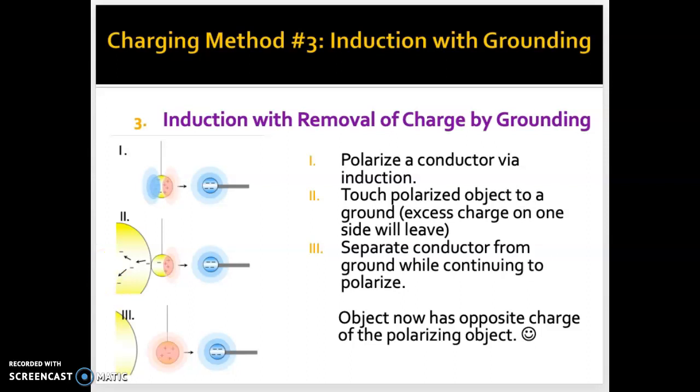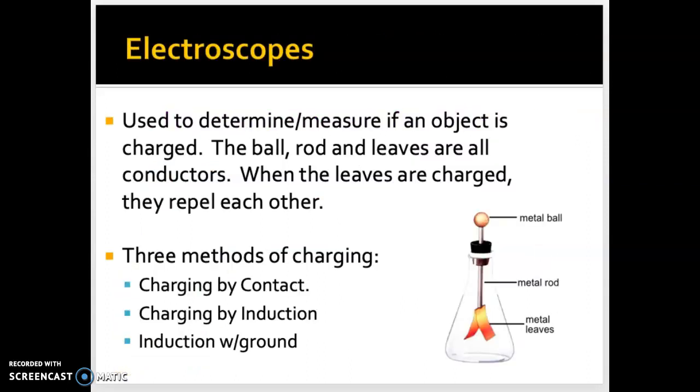And so those are the steps. All right. And then finally, I just want to mention this device called an electroscope, which I'll show you in the Charging Methods lab video.